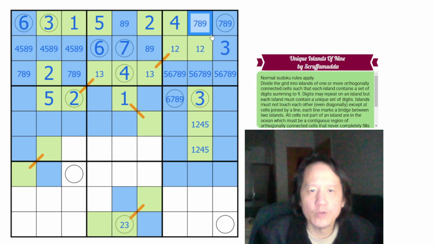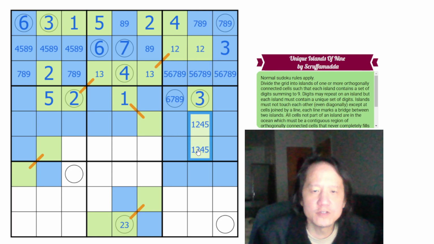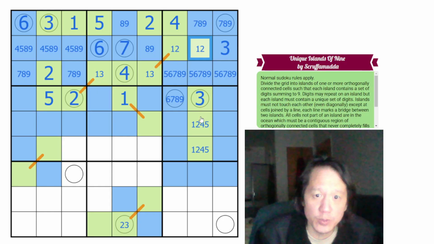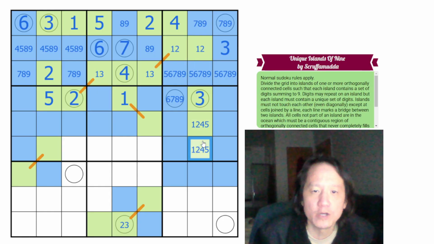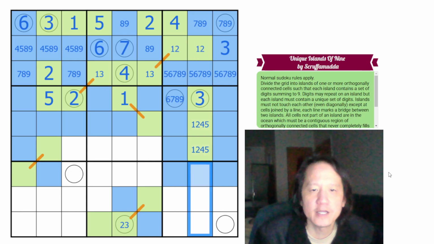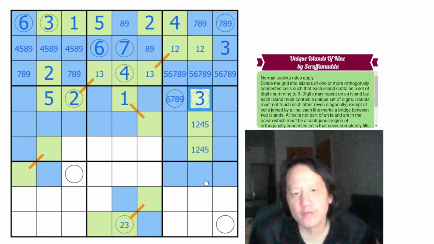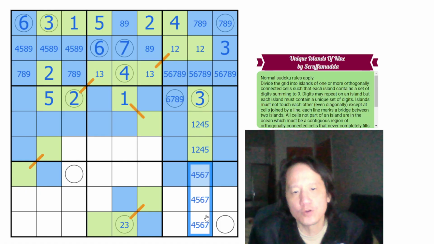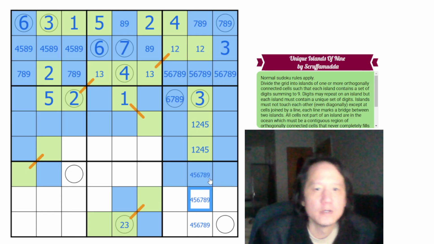Okay, we know one of these 2 cells must be a 1 or 2, and this cell must be a 1 or 2. So we have 2 cells now, which must be 1 or 2. Therefore, the rest of the column in column 8 cannot contain 1 or 2, and it can't have a 3 anyway, so therefore this is 4 through 9. Okay.